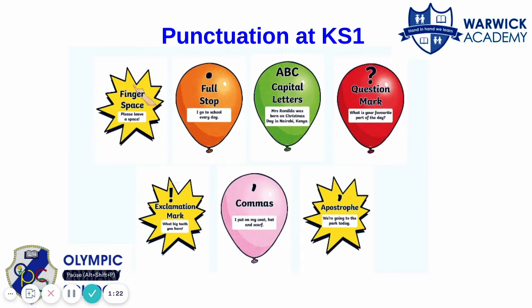It goes on the bottom of the line, in the same place that a full stop would go. Whereas an apostrophe goes above the line and is used to show possession and to show contraction, for example when a letter has been taken out to contract two words into one.